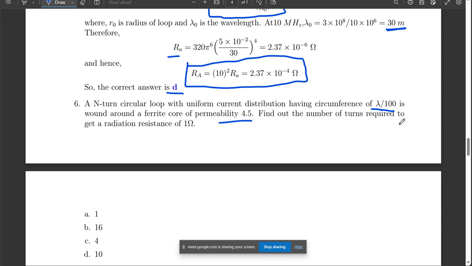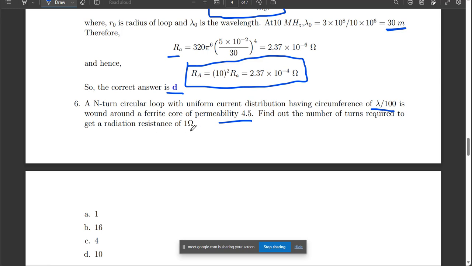Find out the number of turns required to get a radiation resistance of 1 ohm. Here a circular loop is given. It has a uniform current distribution. It has a circumference of lambda by 100, and a ferrite core with a permeability of 4.5. Now you have to find out the number of turns.